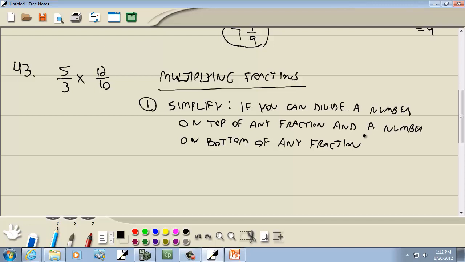So if you can divide a number on top of any fraction, a number on bottom of any fraction by a number, do so.